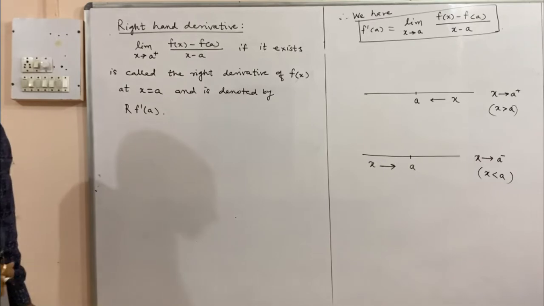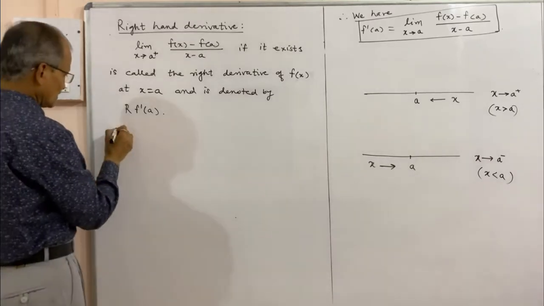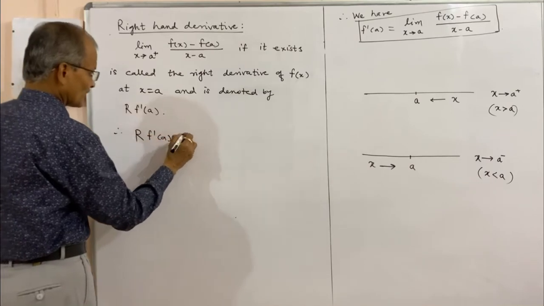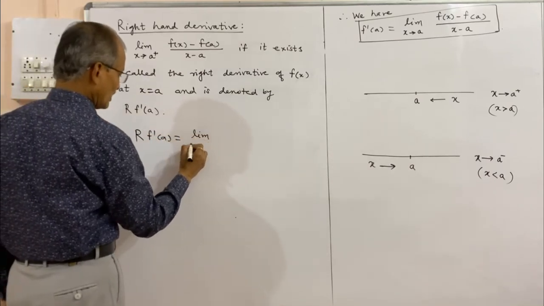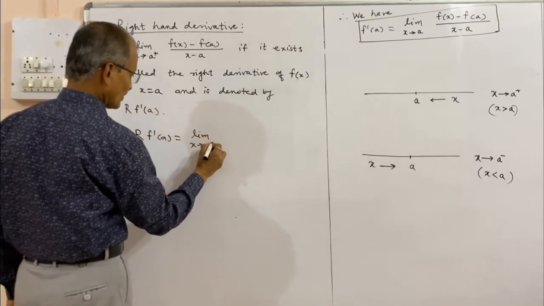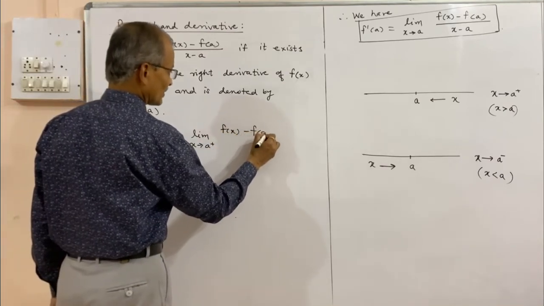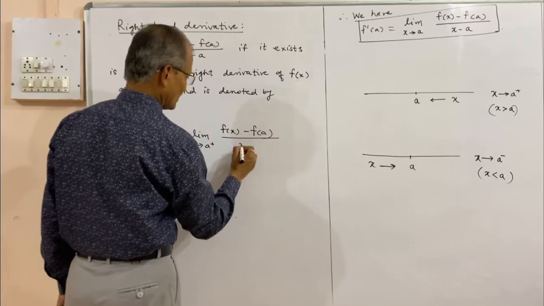So this is the meaning. Therefore R f dash a is equal to limit x tends to a from right, f of x minus f of a divided by x minus a.